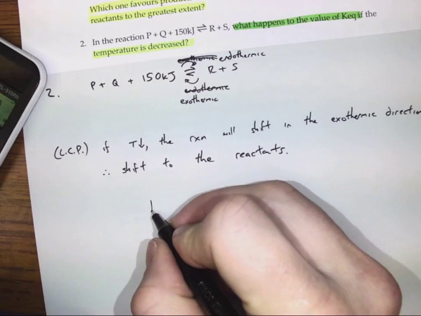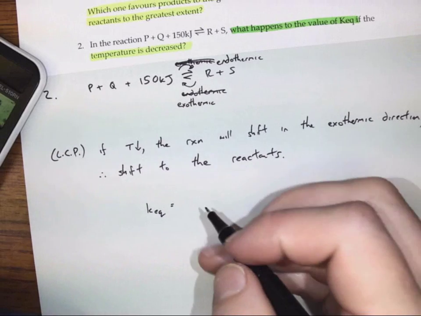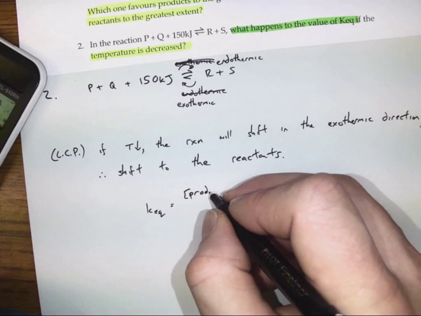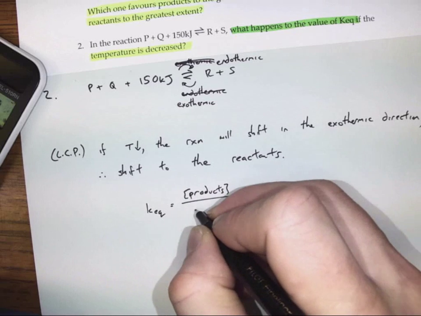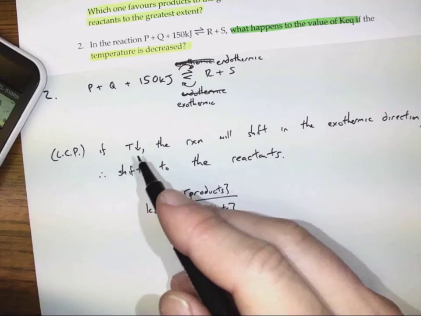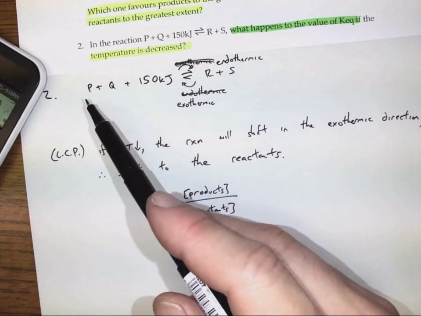Okay, well, if you had a KEQ, an equilibrium expression, which is what we're asked about, and it gave us some value of the concentration of your products at equilibrium divided by the concentration of your reactants at equilibrium, and you perform this change, which means we shift to the reactant side, making more reactants.